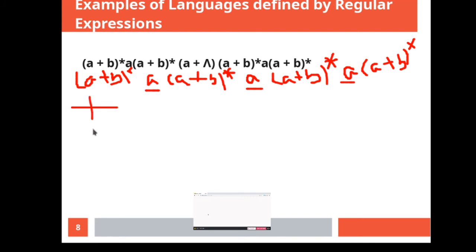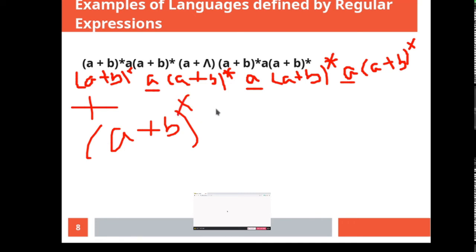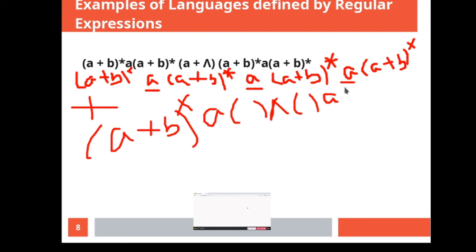So this is (a+b)* a (a+b)* a, then you have another arbitrary string, and here I am choosing null instead of choosing a, then you have again another arbitrary string, then I am choosing the other a here, and then you have another arbitrary string.